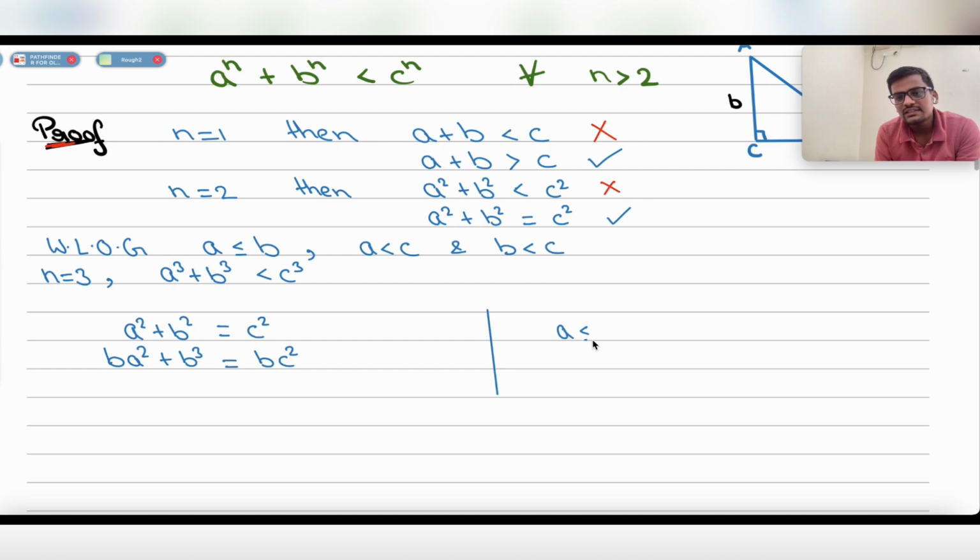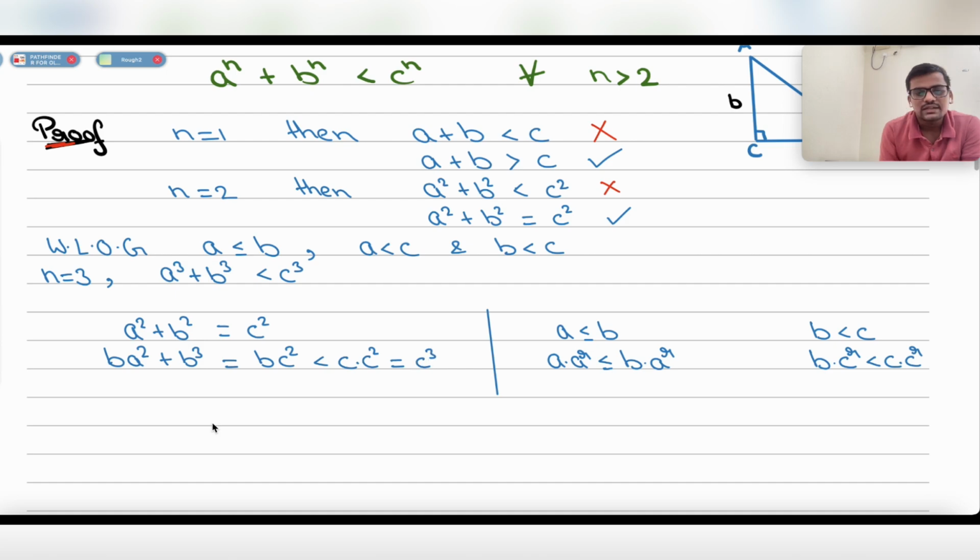Now we know that A is less than or equal to B. So A into A to the power r will be less than or equal to B into A to the power r, right? And B is less than C, so B into C to the power r will be less than C into C to the power r. Hope you understood these two cases. Now if we use this result, then b c square should be less than c into c square, that is c cube.